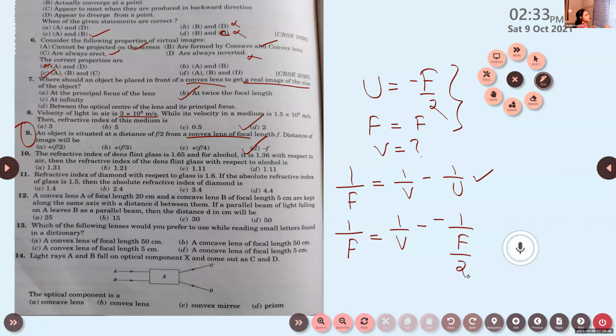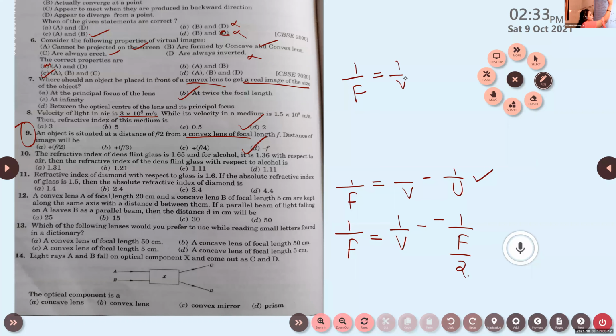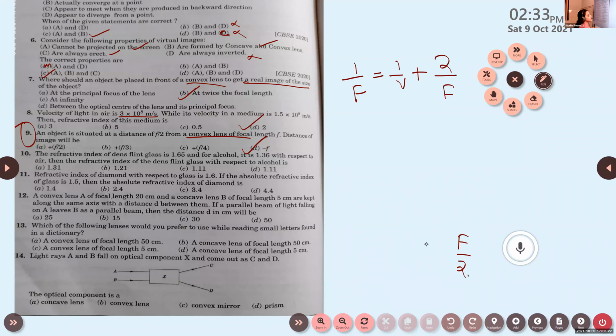In the next step, we take this 2 to the numerator. So it becomes 1 by f is equal to 1 by v, minus of minus becomes plus, then 2 by f. Take the reciprocal. And here we want to calculate 1 by v, the image distance v.